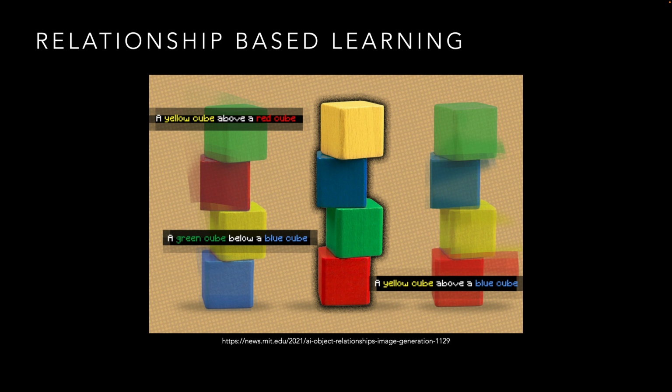Using the first concept of information-based learning to identify the object, it identifies the color of the object, and with that object it creates the relationship between them. So we know that we have a yellow cube as well as a red cube, and what's the relationship between them?